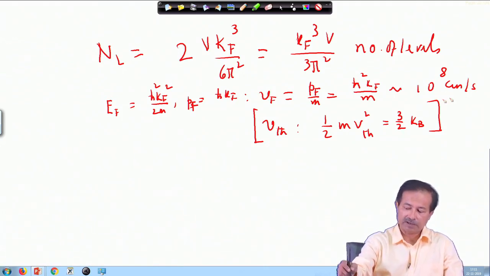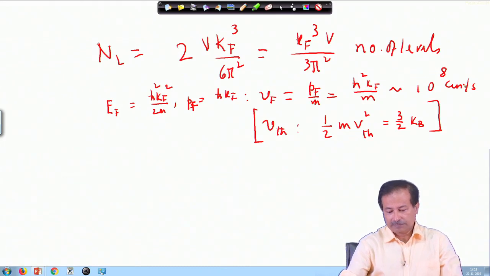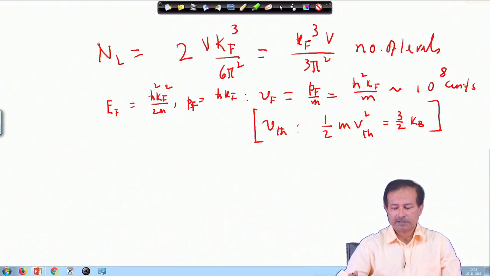This is a fairly high velocity, nearly a 1/100th of the speed of light.